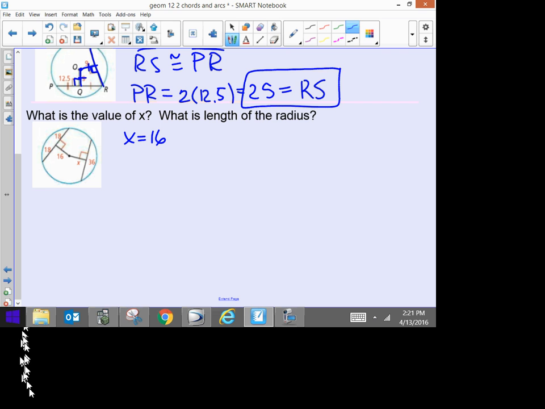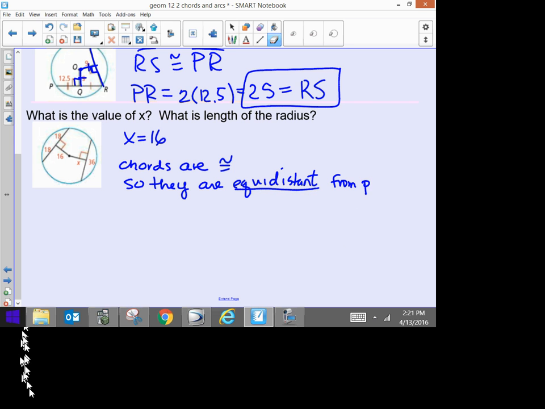X equals 16 because both the chords are congruent to each other because they're both 36. Very good. And also the distances, they're equidistant because of the center. Very nice. Equidistant, those two words, those are beautiful words, from that point, the center of the circle. I'm not going to say her words, but you did a nice job. Okay?